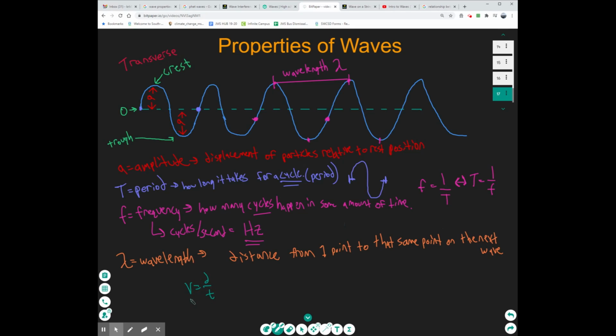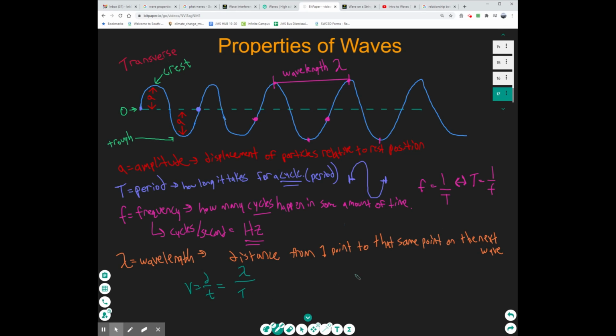And in this case, the velocity of a wave is equal to its distance, which is also the wavelength, right? Divided by how long it takes for the wave to cycle. And that is the period. I'm going to use a capital T because that's what you'll see, right? So wavelength divided by period, right, is equal to the wave's velocity.